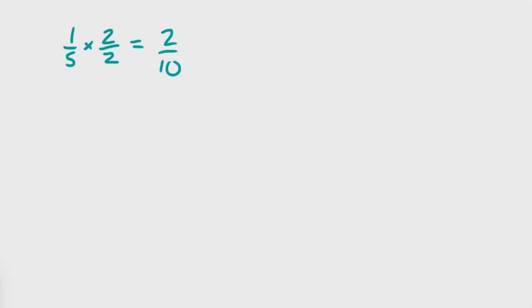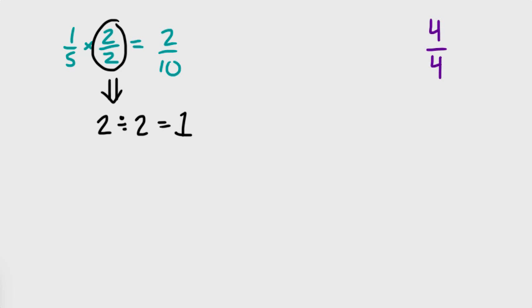Well, really what we're doing is we're multiplying by 1, because we know 2 over 2 is the same as 2 divided by 2, which is 1, right? I like to sometimes write, remember, any number over itself is always 1, and sometimes I like to have people draw it like this, because this is exactly what is happening.